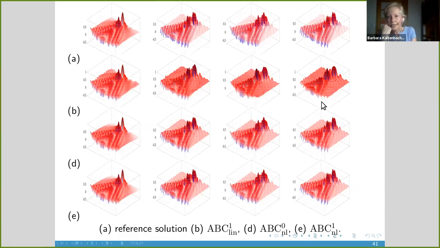From left to right, first of all, just with first order linear absorbing boundary conditions, then with zero order nonlinear boundary conditions, and this is with first order nonlinear boundary conditions with these complicated formulas that I've shown you on the previous slide.